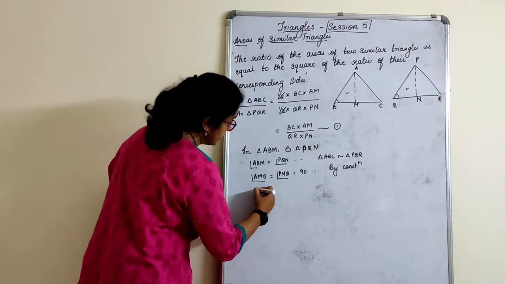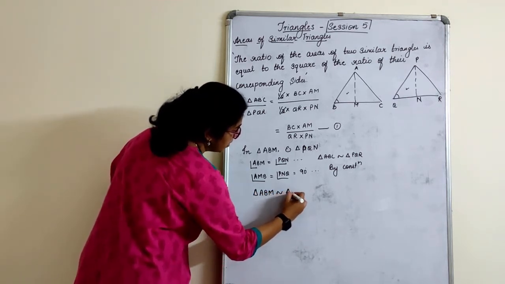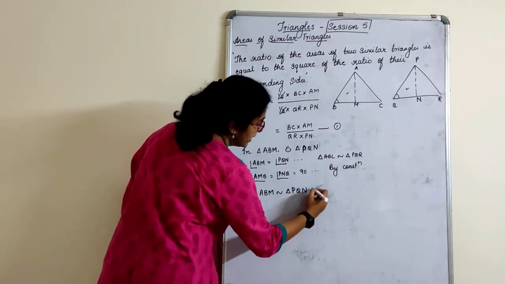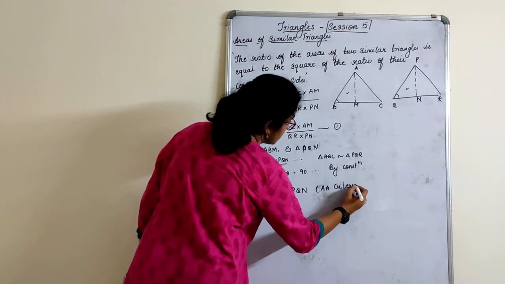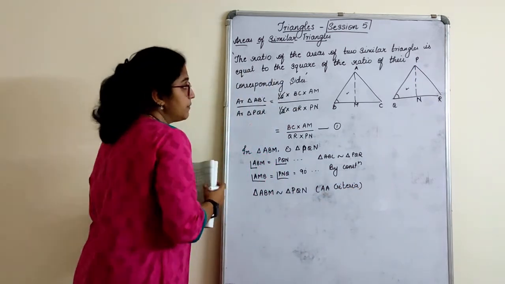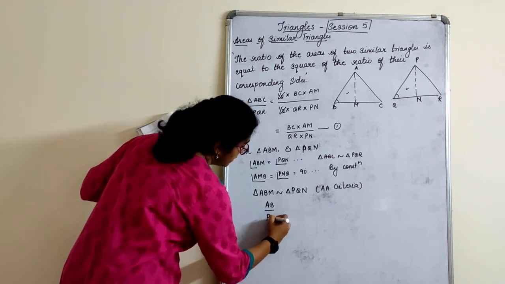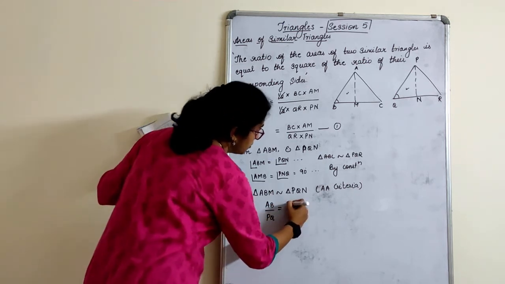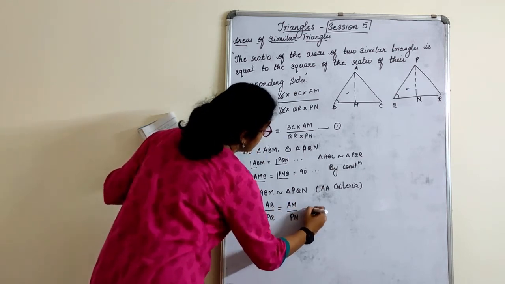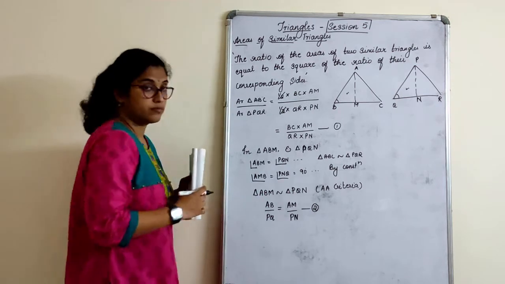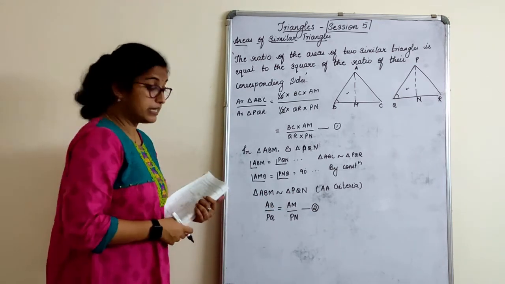By AA criteria, triangle ABM is similar to triangle PQN. From AA criteria, I can tell that AB upon PQ is equal to AM upon PN. Equation 2. AB upon PQ is equal to AM upon PN.